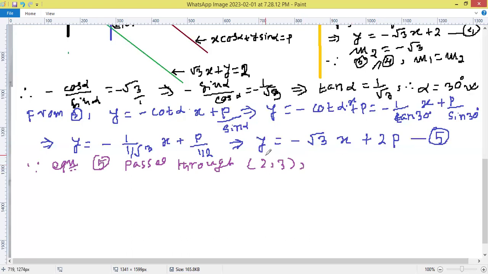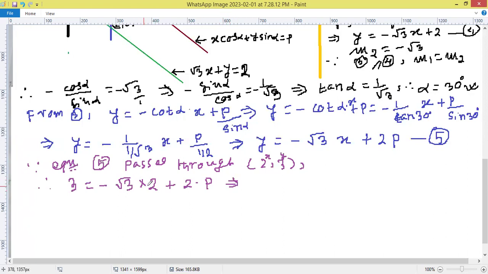That means x value is 2 and the y value is 3. So from this equation 5, y is 3, equals minus root 3, and x value is 2, and then plus 2 times p. Now just solve it.